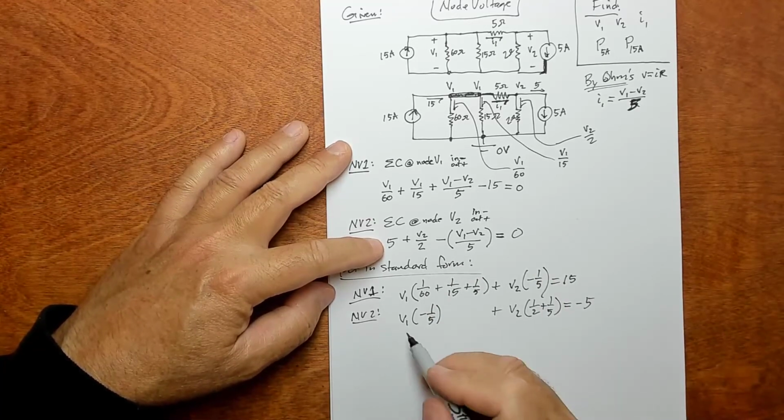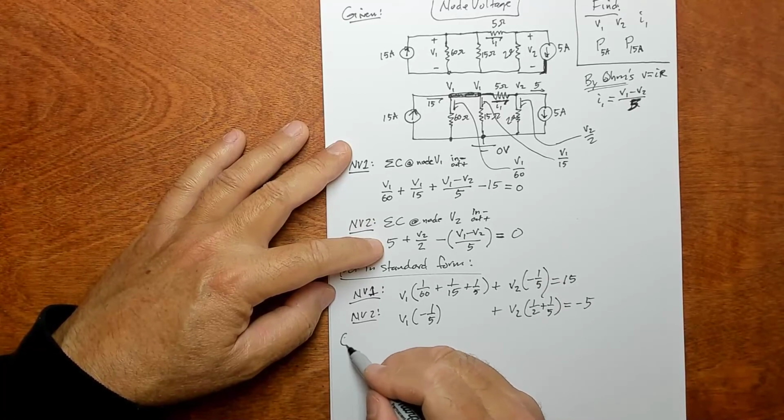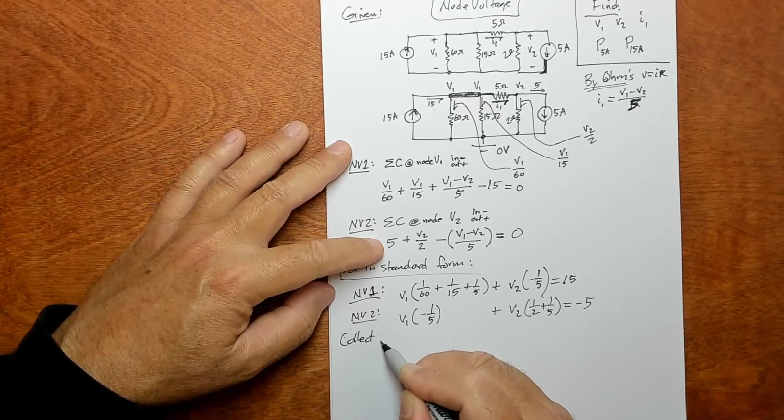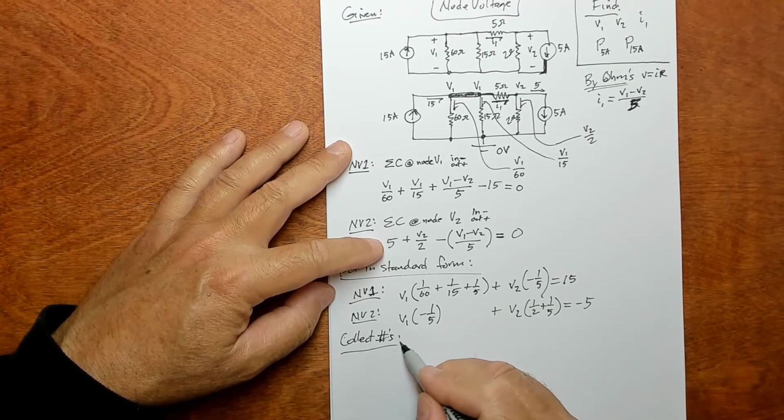So one more time, collect the coefficients. Is that right? Collect the numbers. I think it's called coefficients.